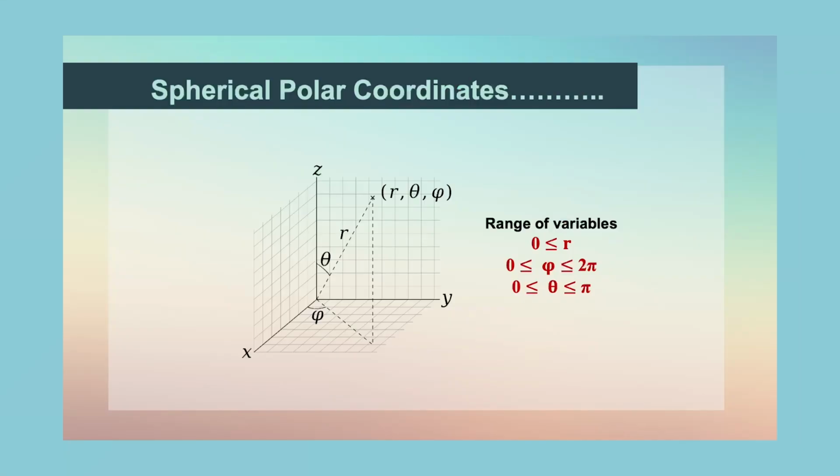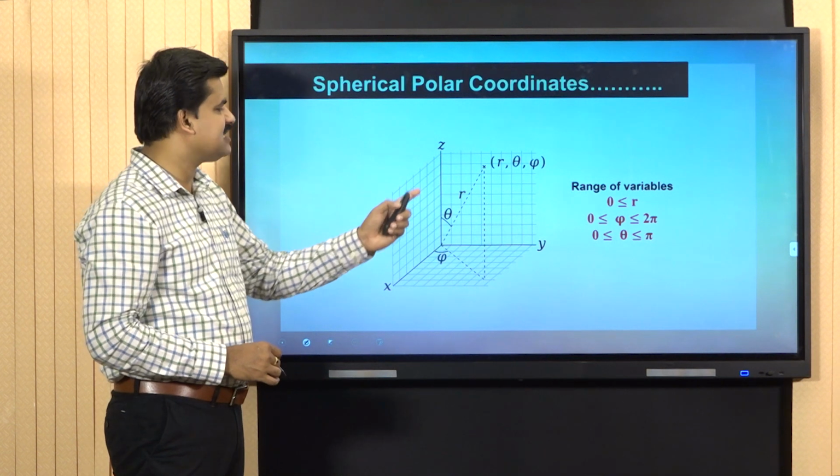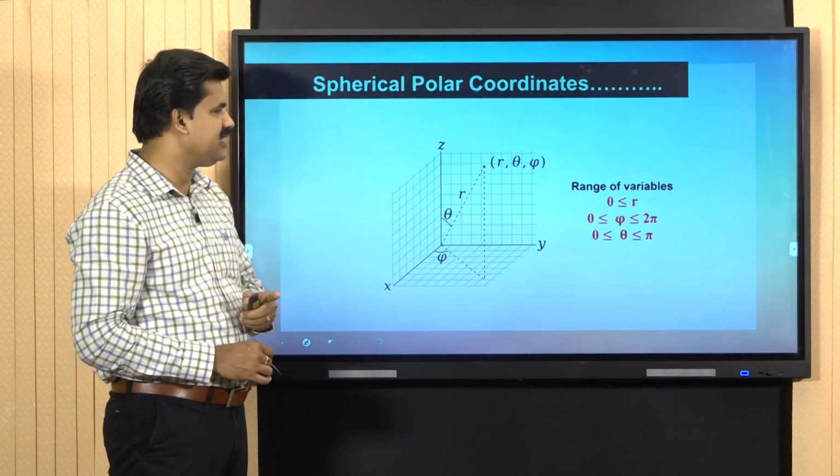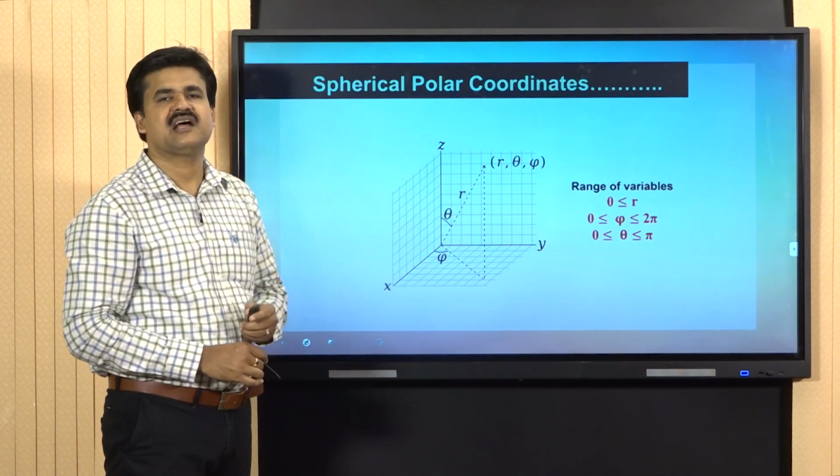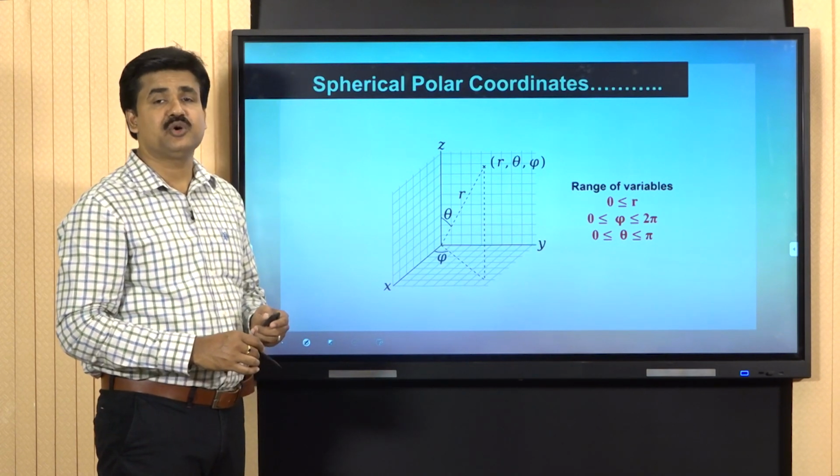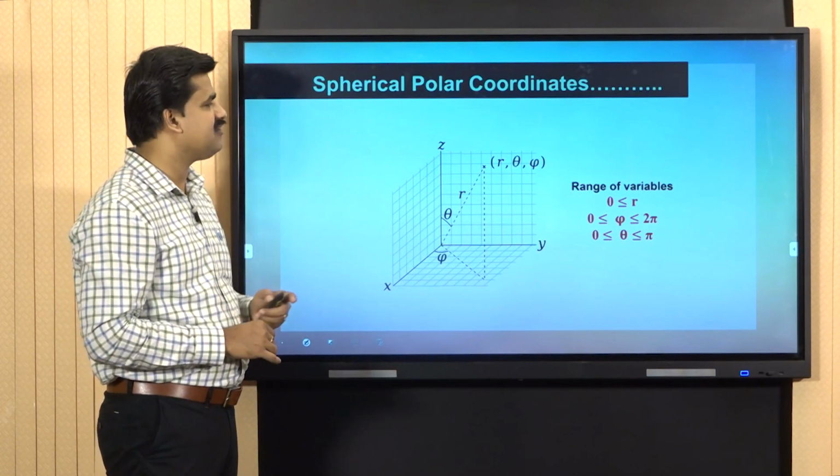Now, this is the simplest pictorial representation of the spherical polar coordinates, and as I mentioned, r is the distance from the origin to the point, and theta and phi are also shown here. We have to look into the range of these three variables.